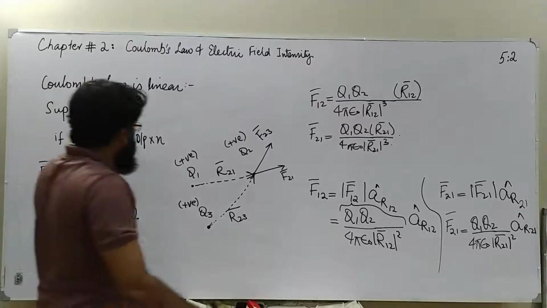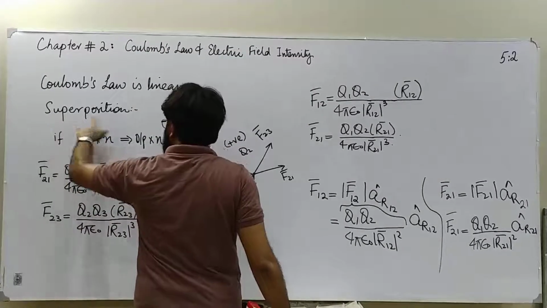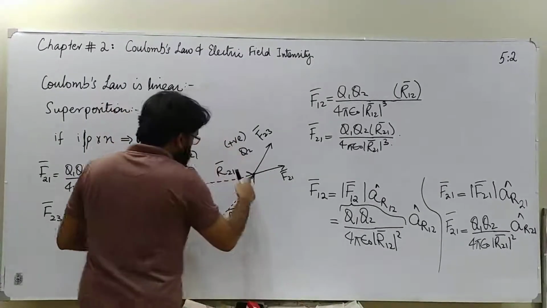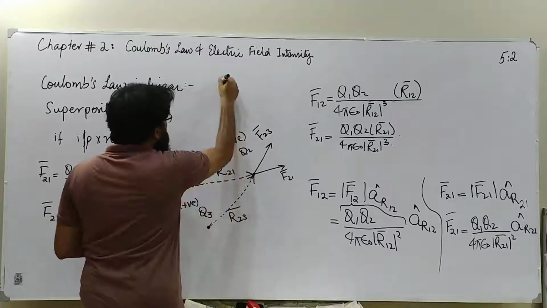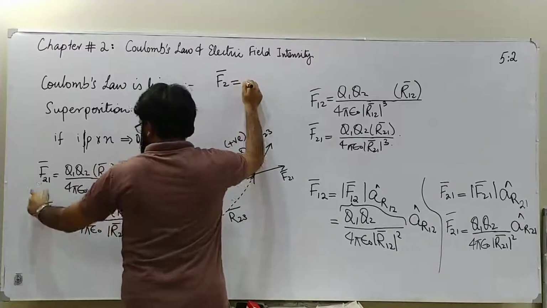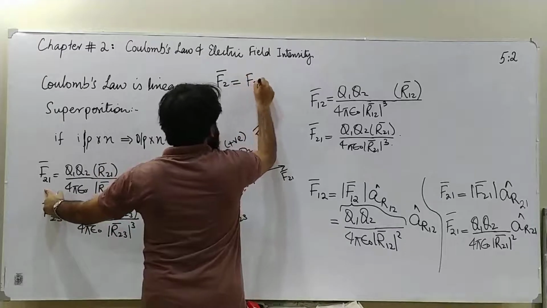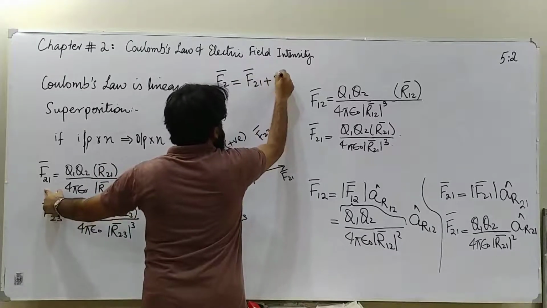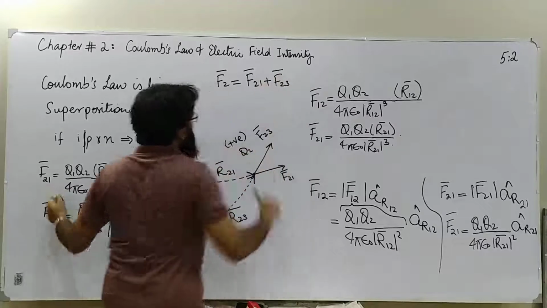Now the second aspect of superposition says that the total force at this point 2, which is F2, is equal to the individual forces, force on 2 due to 1 plus force on 2 due to 3.